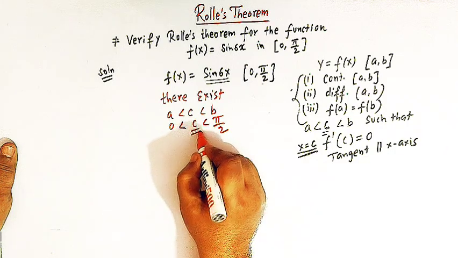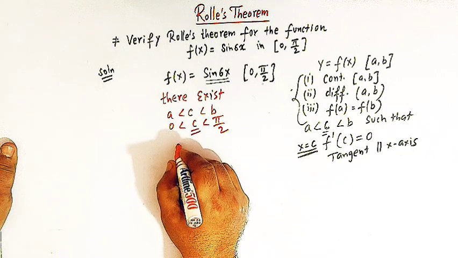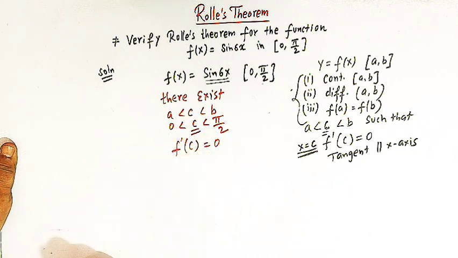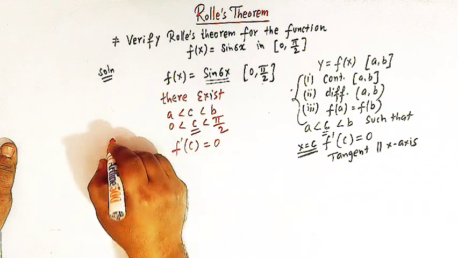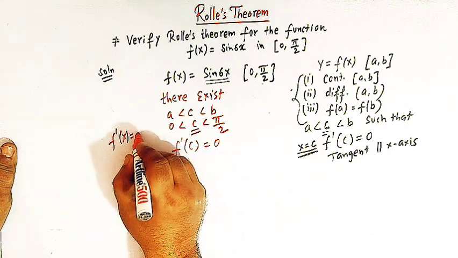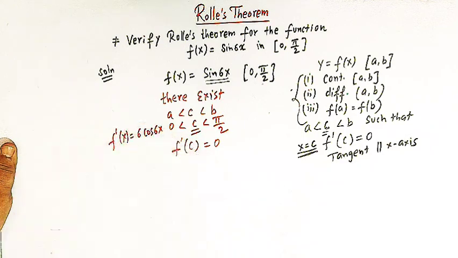So there must exist at least one value of c such that f prime of c is equal to 0, right? And we have just seen that f prime of x is equal to 6 cos 6x, right?